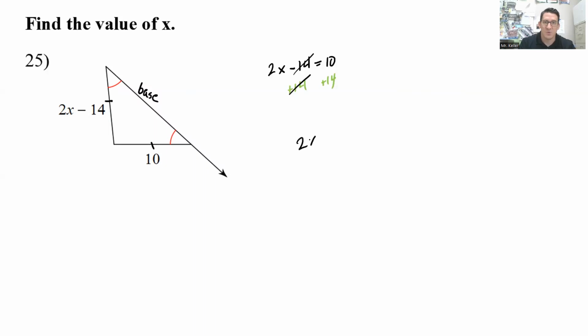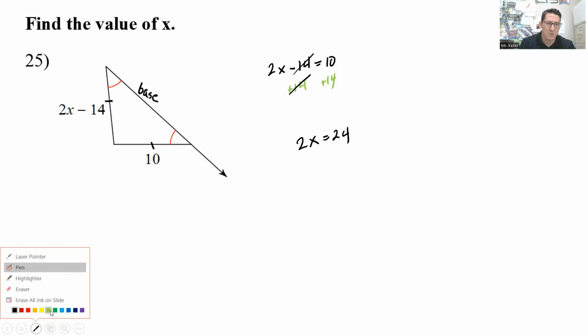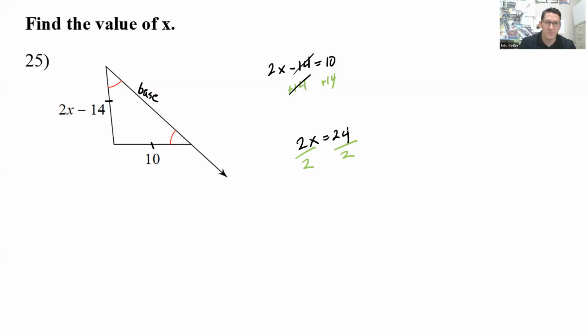That cancels out. You get 2x is equal to 24. Divide by 2, and you get x is equal to 12. That's it.